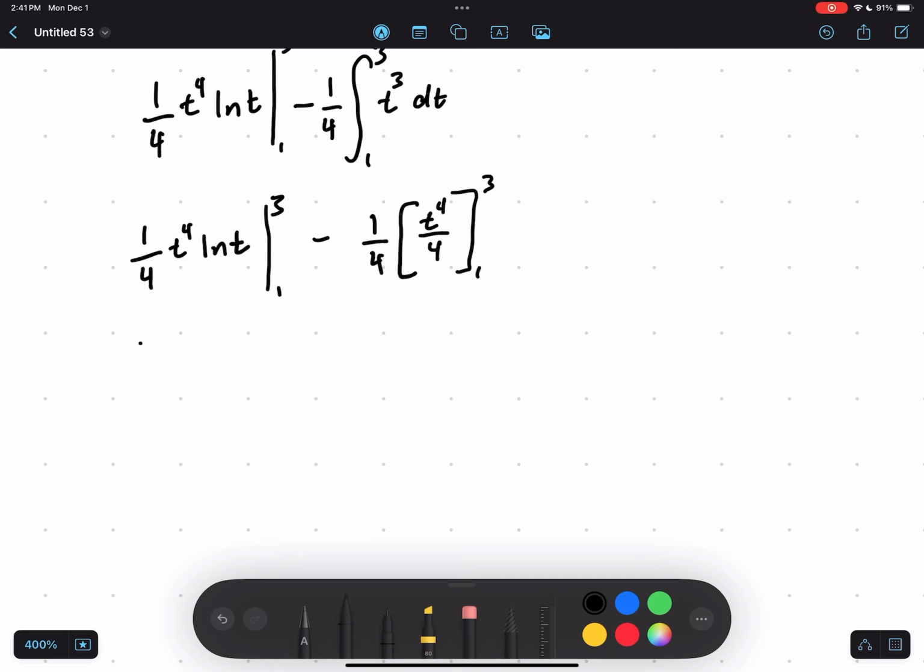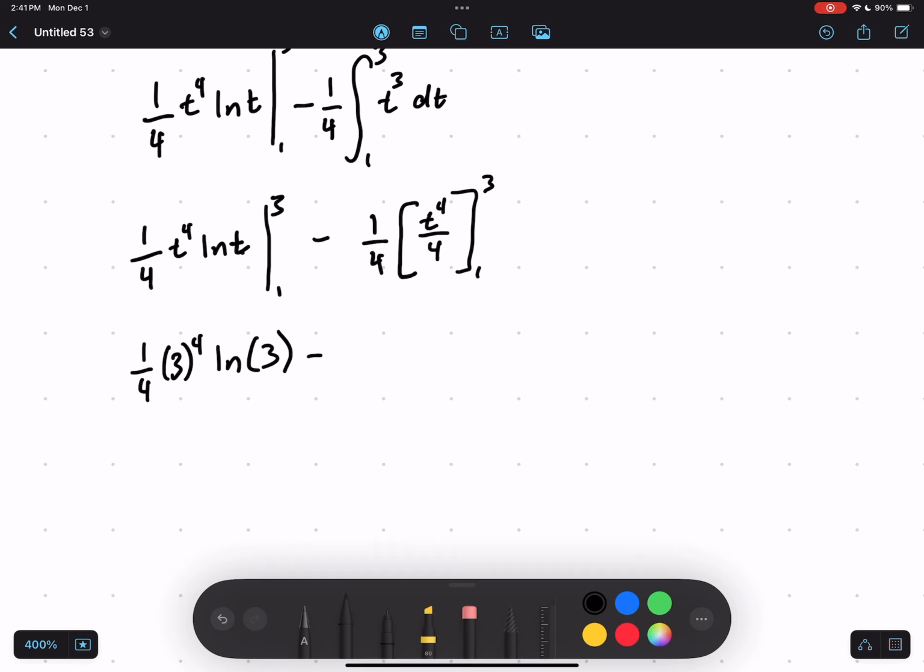So what we've got is 1/4 times 3 to the 4th ln 3 minus 1/4. Well, this is where you can rewrite the whole thing, or you can look ahead at the problem. It's convenient to look ahead, because then you can cut out some unnecessary stuff. Here, we've got an ln t, and we'll be plugging in this 1 into the t.